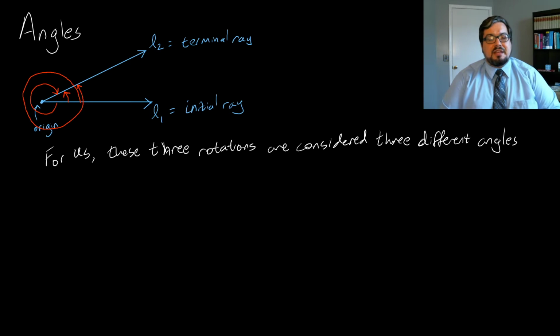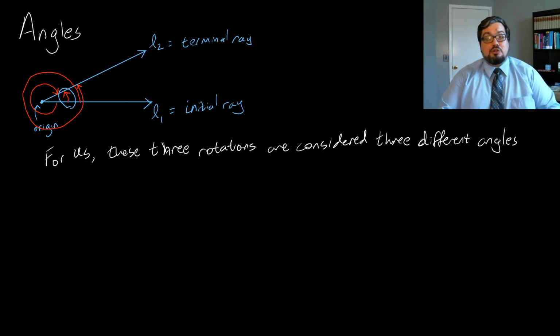So we could think about standing on the origin, and we start off by facing in the direction of L1, and we turn to get to L2. And one way we could do that is by turning to the left, that is the counterclockwise one, just a little bit in order to get to the L2 direction, and that's this angle right here.